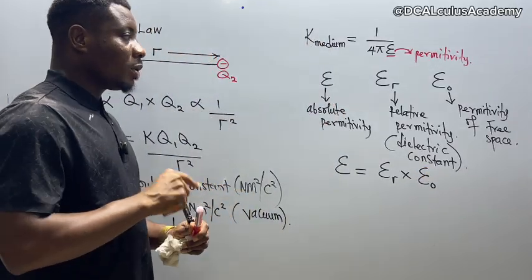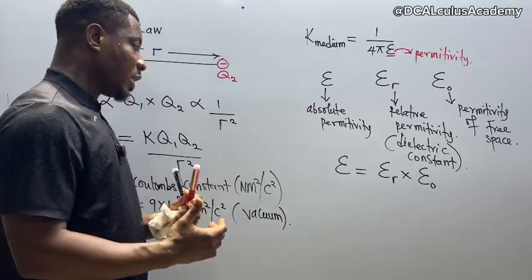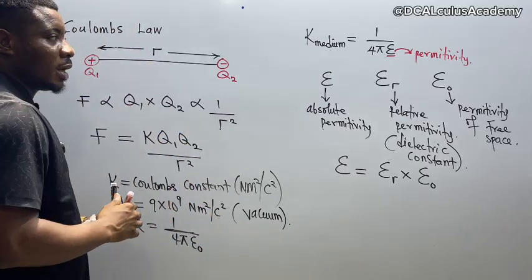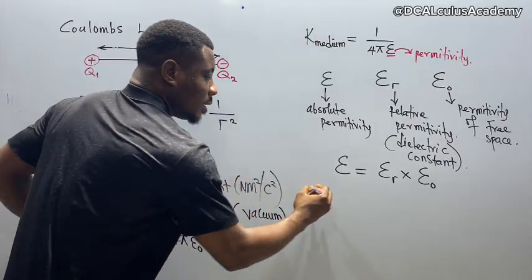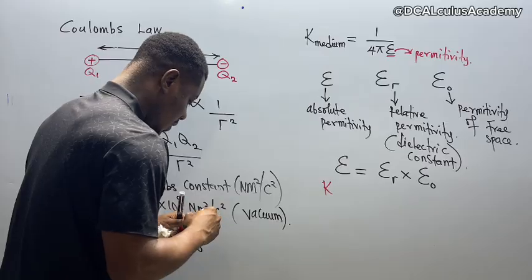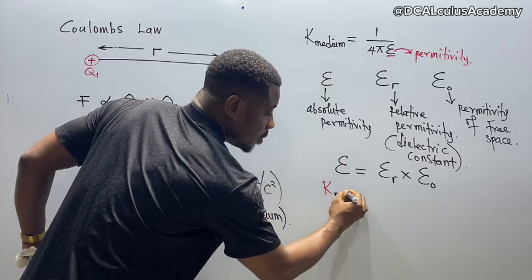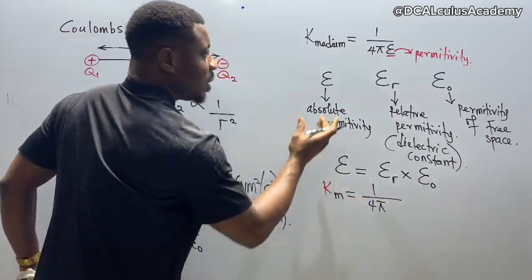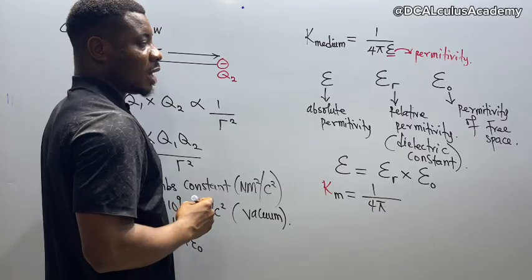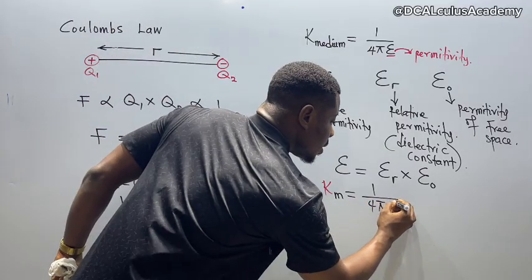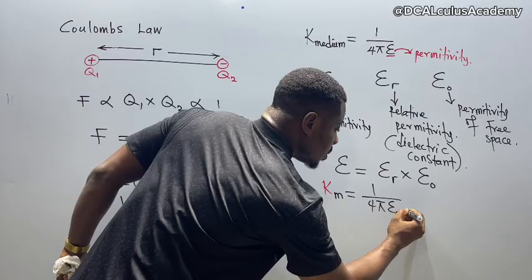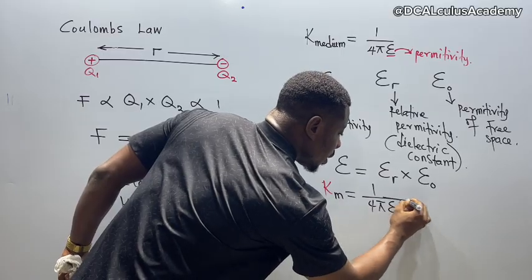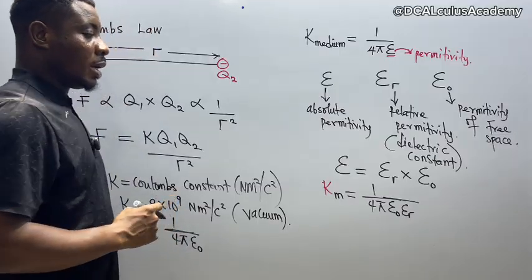So when the system of charge is in a medium, the value of k for the medium becomes 1 over 4 pi, where we see absolute permittivity, we just put there the product of epsilon naught and epsilon r.